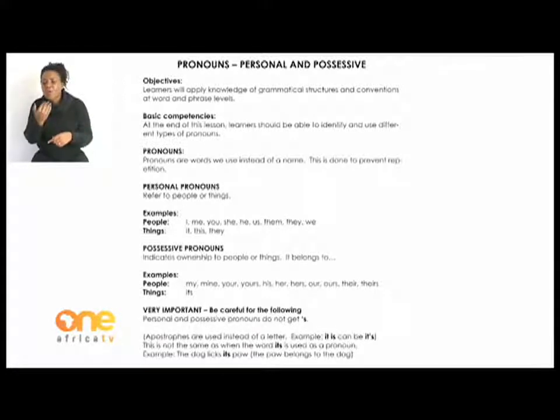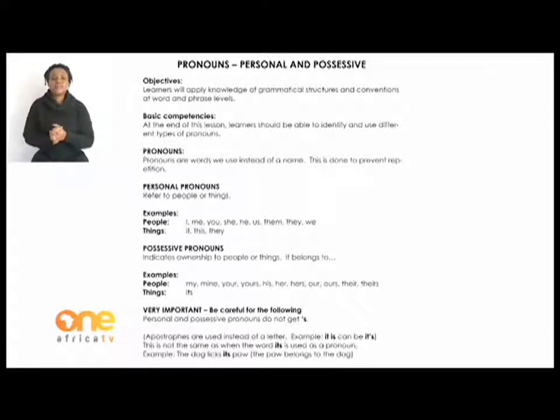Example, when we are referring to people, we use the words like my, mine, your, yours, his, her, hers, our, ours, theirs. And when we are referring to things, we use its.